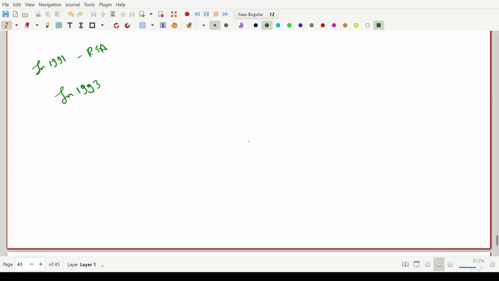DSA is the digital signature algorithm, or digital signature standard, DSS also. And in the recent literature, the elliptic curve variant of DSA is very popular and studied extensively. We'll start with RSA first.